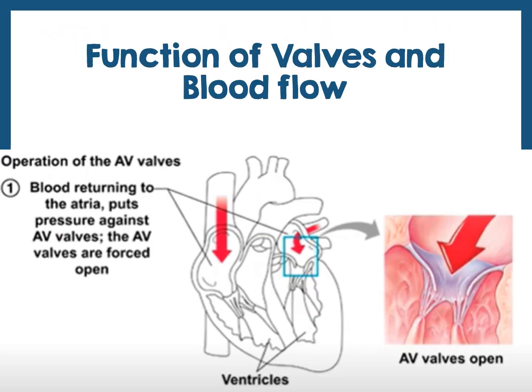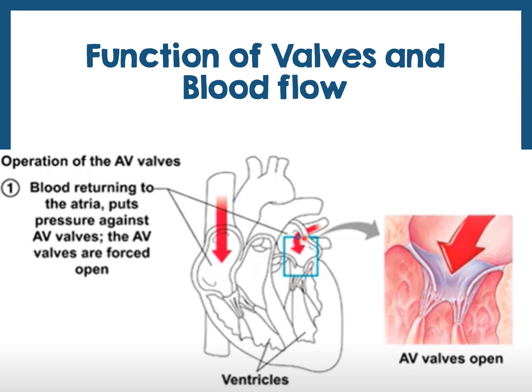And what we have here is blood filling the heart. These ventricles are going to be forced to contract. When they do, that contraction will start at the base and work its way up, and it will increase pressure in these ventricles. And that pressure will force the blood out of the heart.